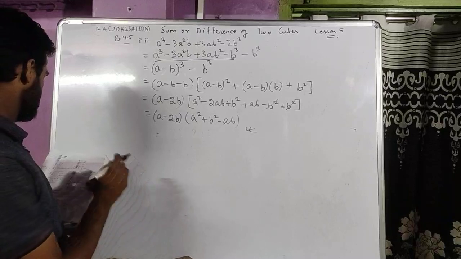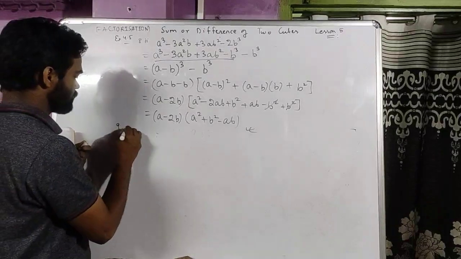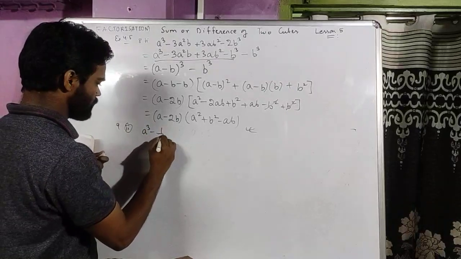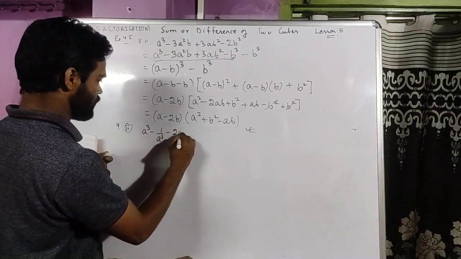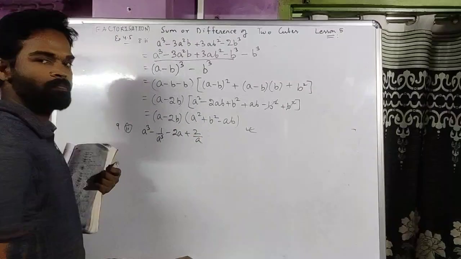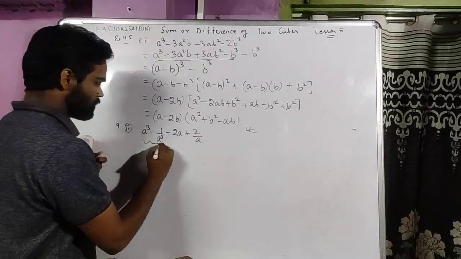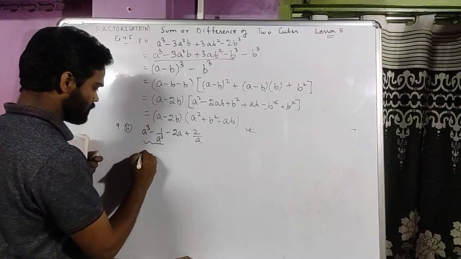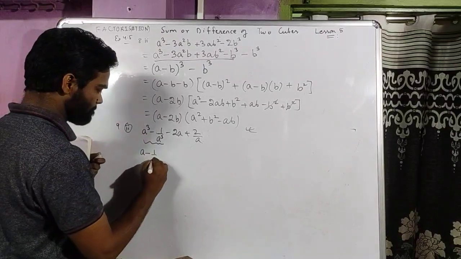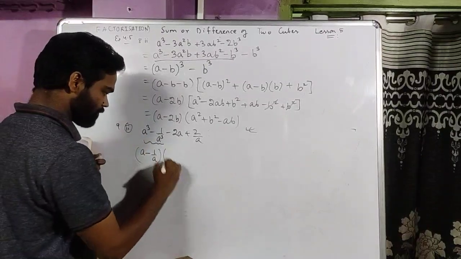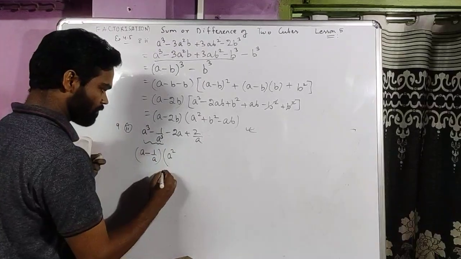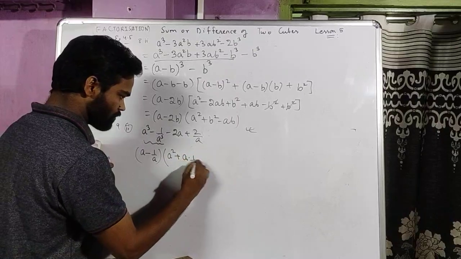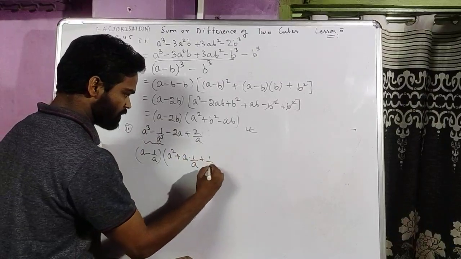Now we'll look at 9 part 2. Similar to this, a cube minus 1 by a cube minus 2a plus 2 by a. This is a cube minus b cube, so this will be a minus b, a square, look carefully, plus a into b plus b square.